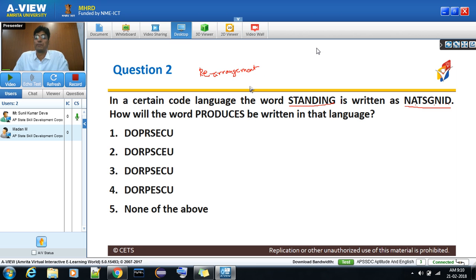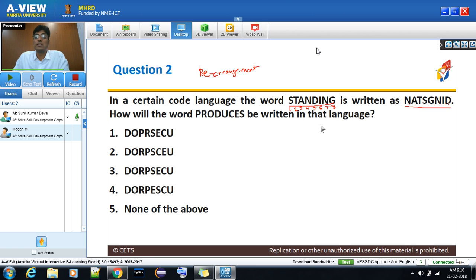We need to understand how the letters are transformed, and we need to do exactly the same thing in the target word. So let us look at 1, 2, 3, 4, 5, 6, 7, and 8.